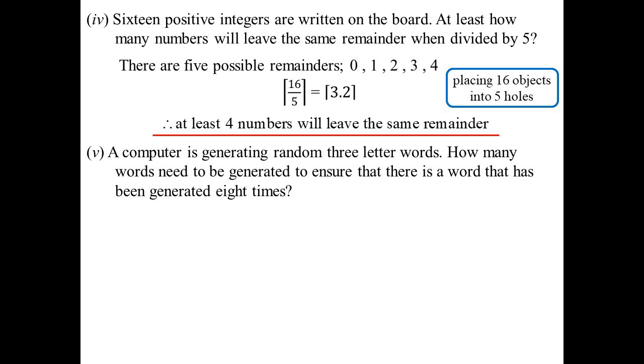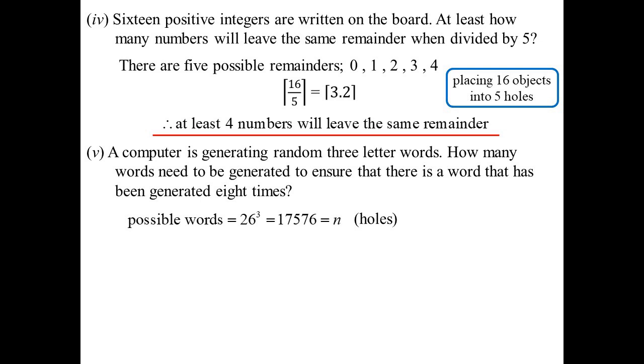Ready for this one? This is a good one. A computer is going to generate random 3-letter words. But 3-letter words in our definition can be nonsense words as well. How many words need to be generated to ensure that there is a word in our list that has been generated 8 times?